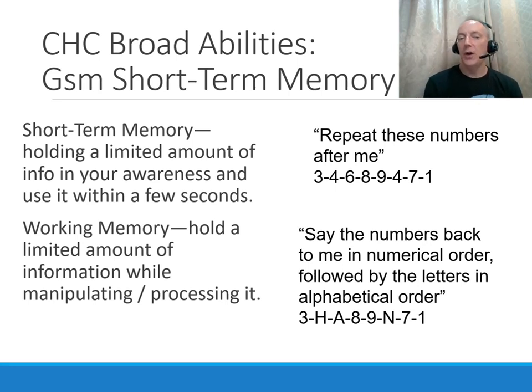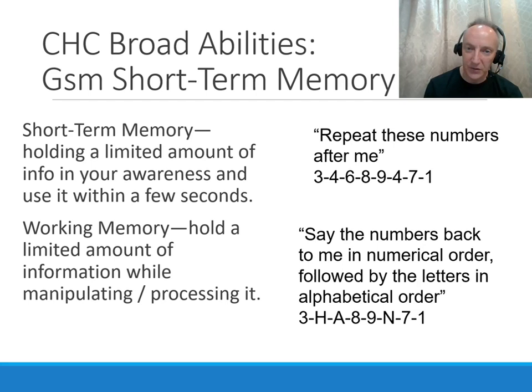Intelligence tests also measure working memory, how well you can hold a little bit of information and manipulate it and do something with it. So a test of working memory might be, I'm going to say some letters and numbers to you. When I'm done, I want you to say the numbers back to me in numerical order first, then the letters in alphabetical order.